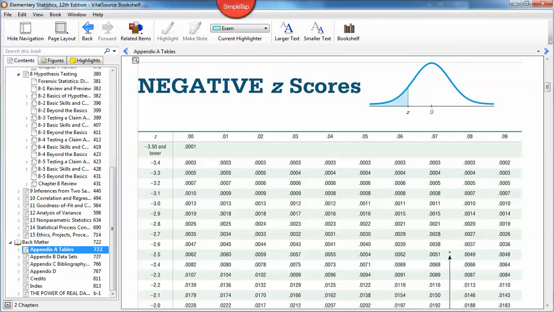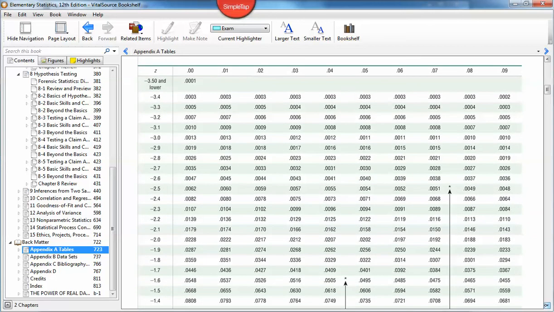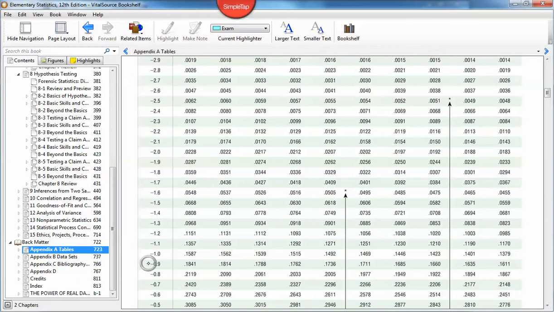So let's look it up. It was negative 0.92. Negative 0.9012. Alright, so this is the area to the left of our test statistic, 0.1788.